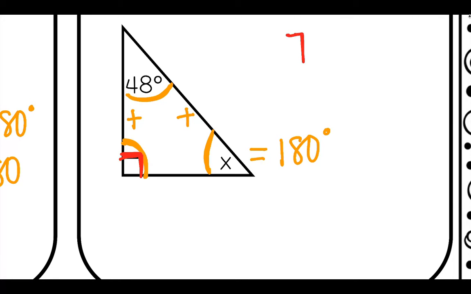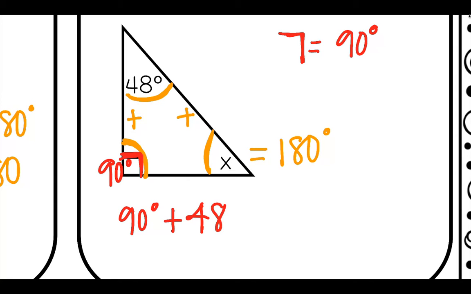This little square thing they put in there means it's 90 degrees. It forms a right angle, which means it's 90 degrees. Anytime you see that little sign, it's 90 degrees. So I've got 90 degrees plus 48 degrees plus x equals 180.